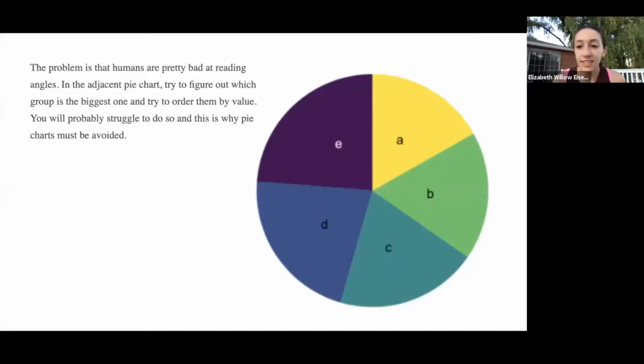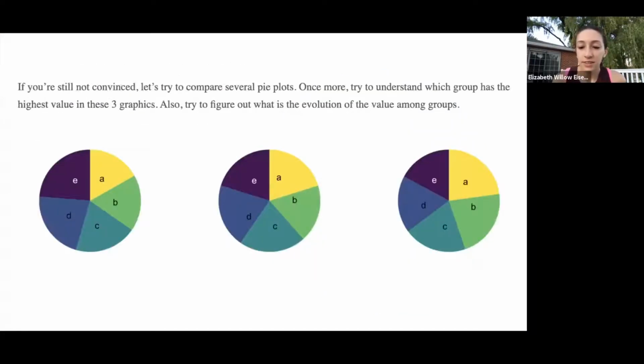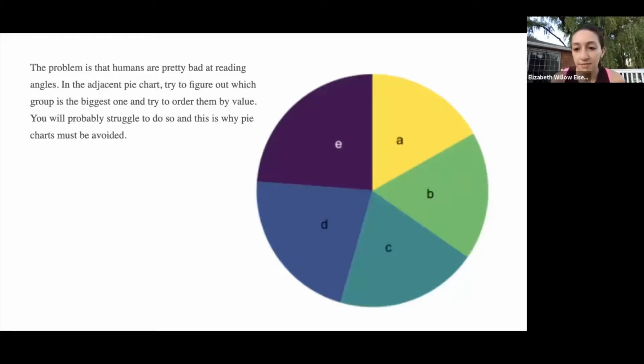So here's an example of a pie chart. There are 5 categories here, and they're just calling them A, B, C, D, and E. They're different colors, and the weird thing about putting different colors next to each other is that we're actually not that great at figuring out how big things are when they're different colors, because the colors can kind of change how we're seeing things.